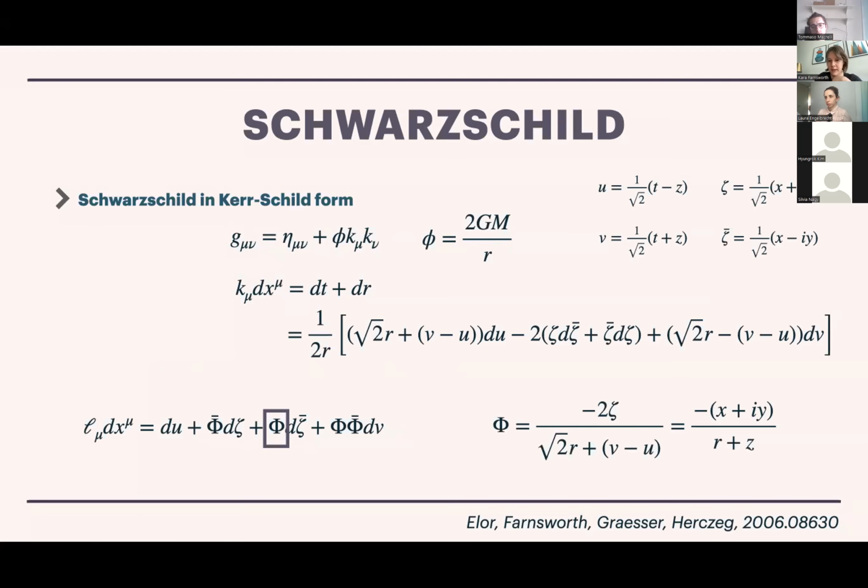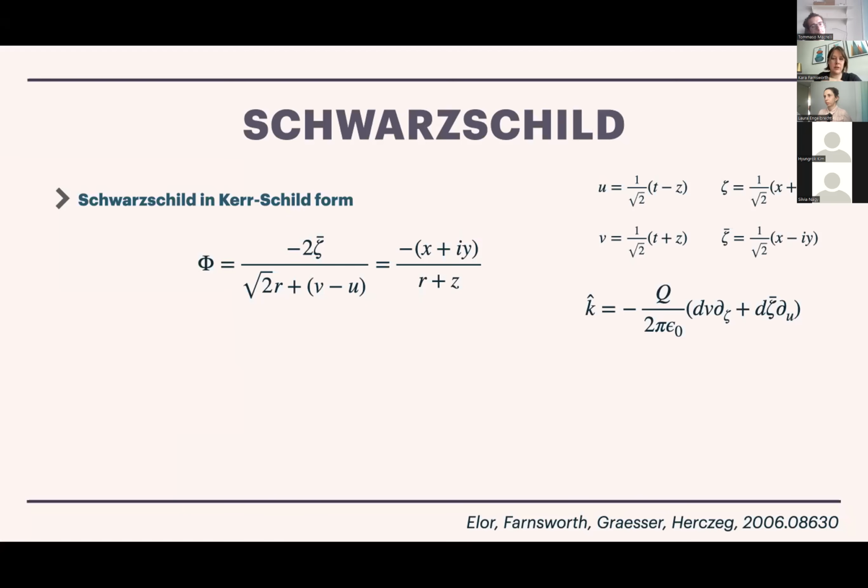So in this case, phi is just minus 2 zeta over 2r plus b minus u, or written in Cartesian kind of coordinates, it looks a little simpler. So, okay, I have my phi. I know what my K hat differential operator looks like, and I can just form my gauge field. In light cone coordinates, it looks like this.